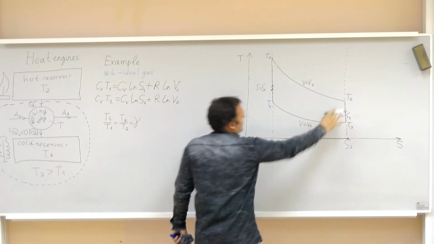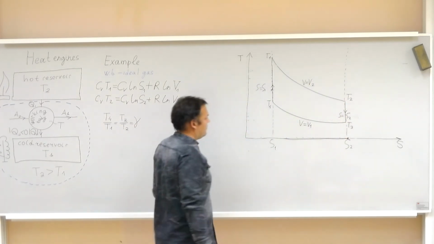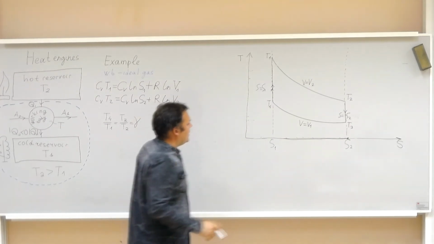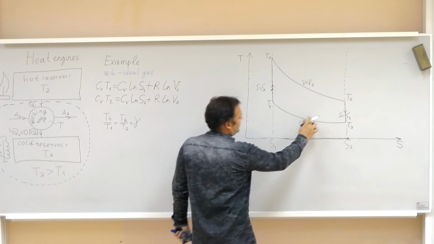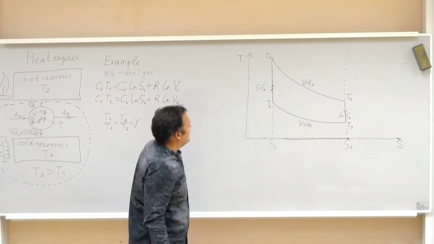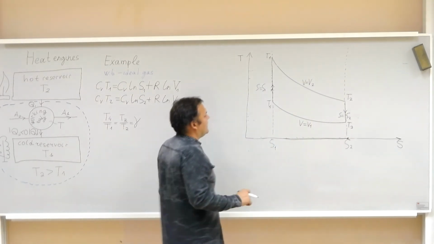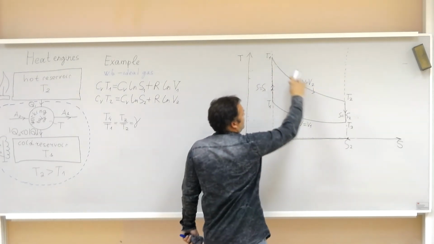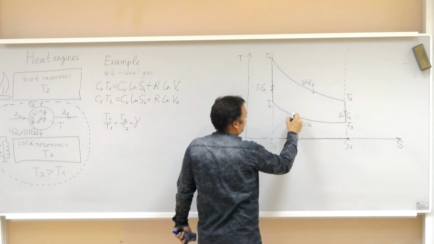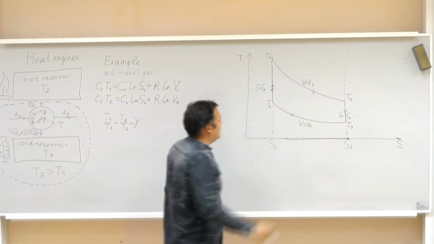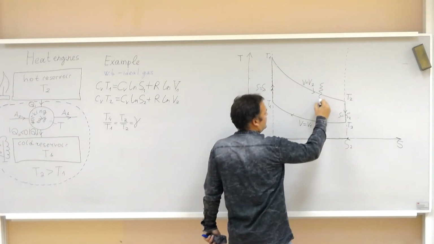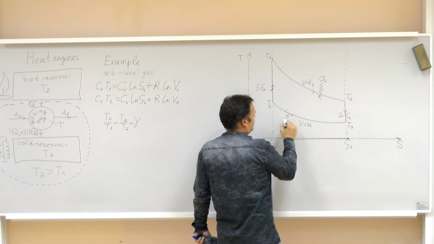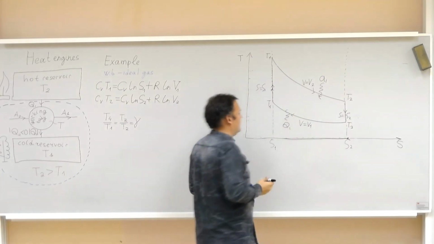Here, our system does not interact with heat reservoirs. Our system interacts with heat reservoirs only at this stage of the isochors, here and here. Here our system gets a quantity of heat Q1, and here it gives out the quantity Q2.